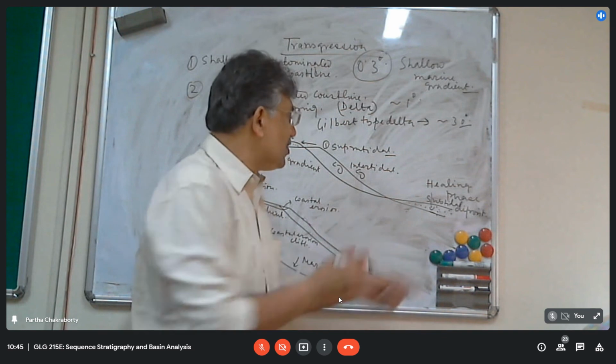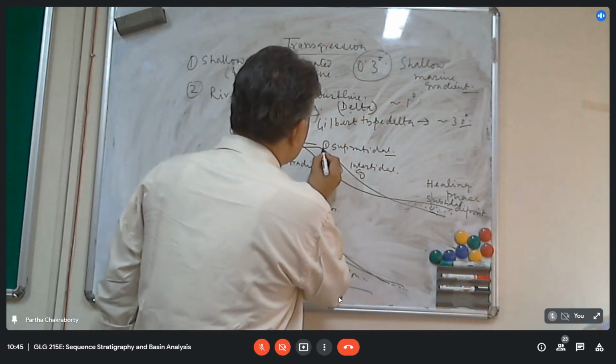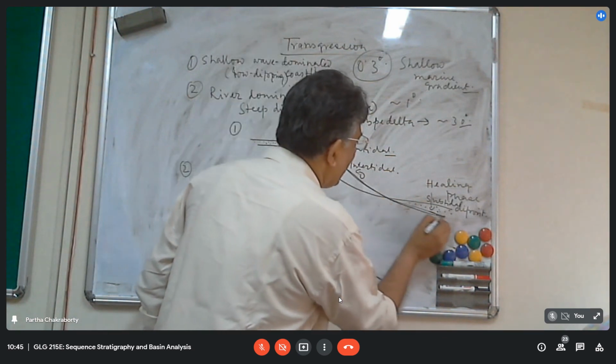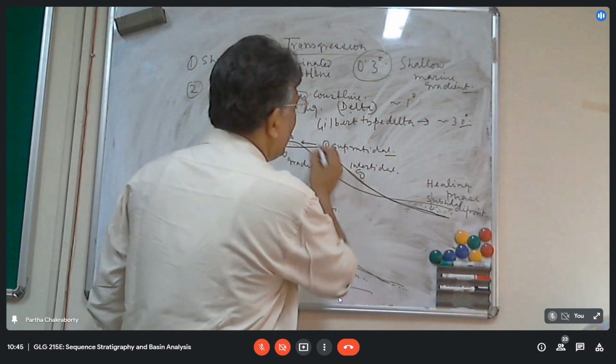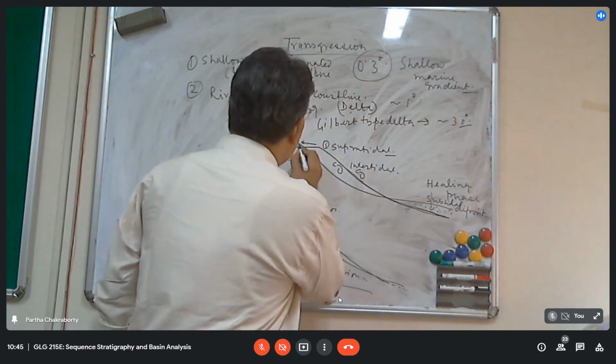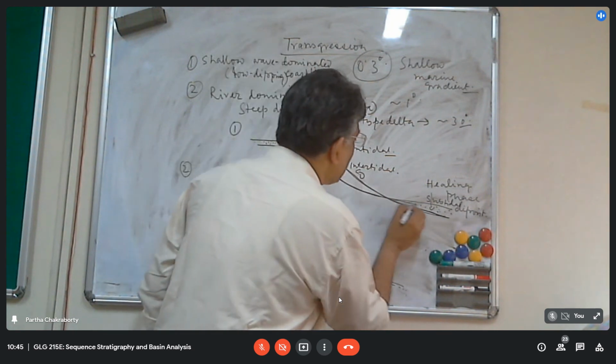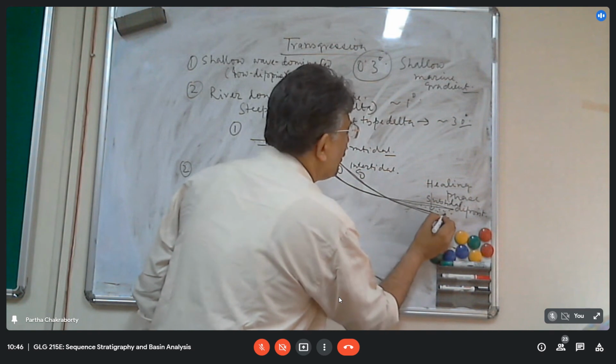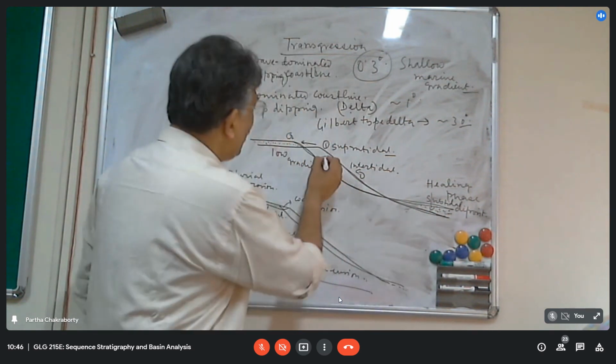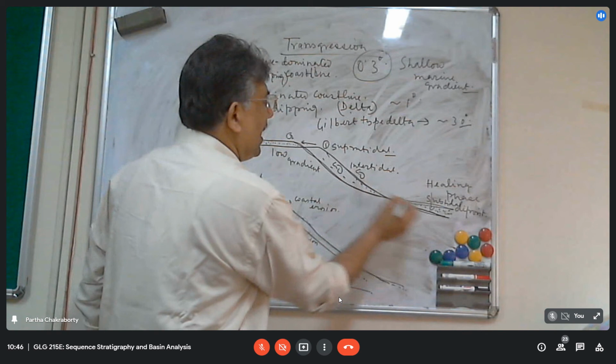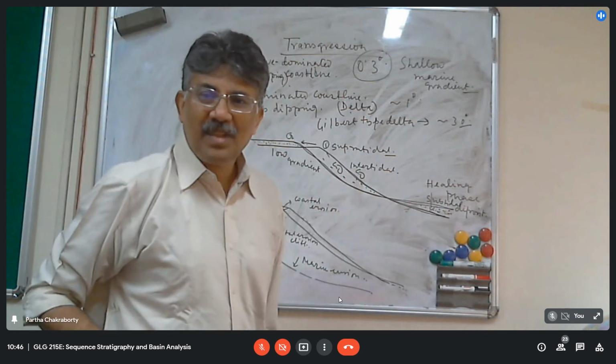That will change the profile. This was the original profile 1. The next profile now becomes like this by means of deposition of this material, which is eroded from here and deposited here.